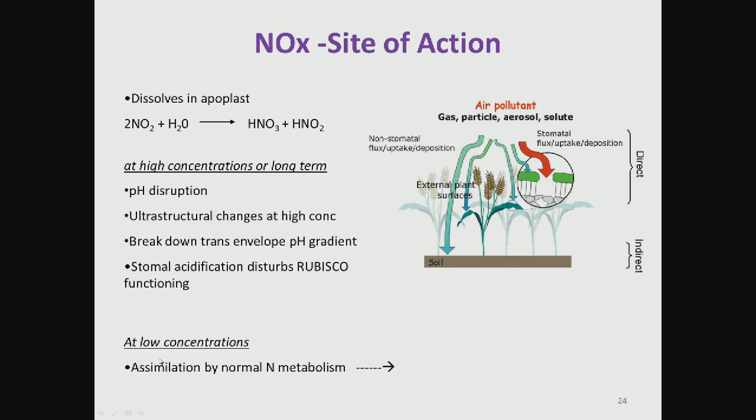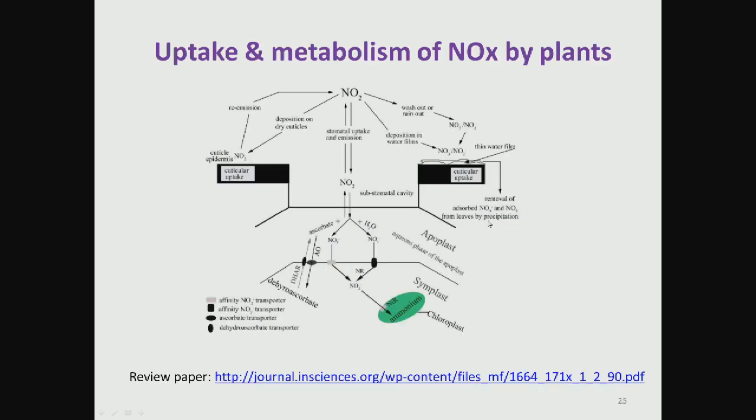However, at very low concentrations, plants can accumulate nitrogen from the air and use it to metabolize to grow. So we know plants can take up nitrogen from the soil, but in fact plants can use nitrogen from these NOx pollutants as a source of nitrogen, but only at low concentrations.